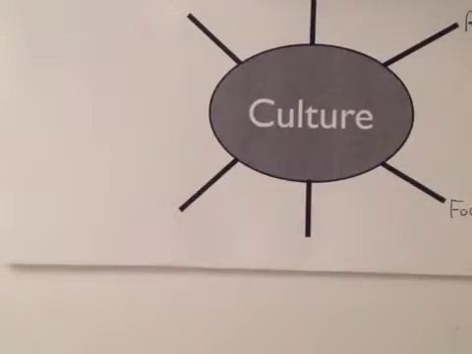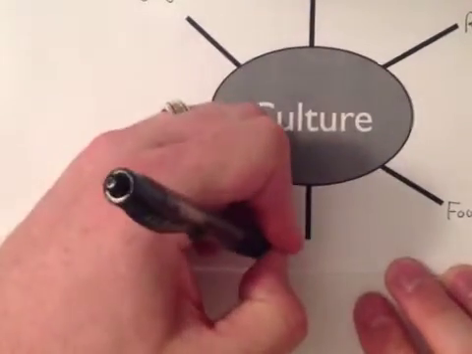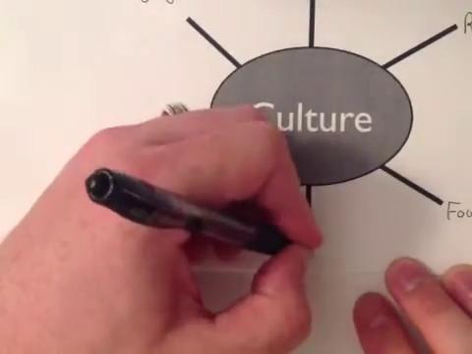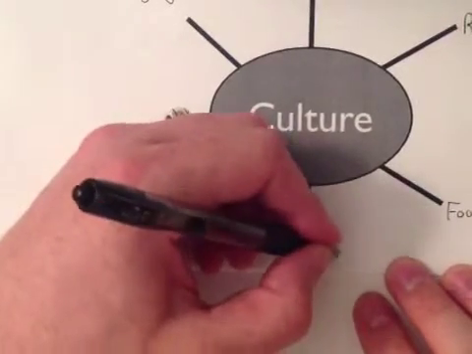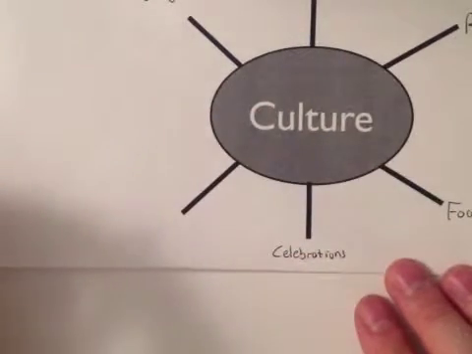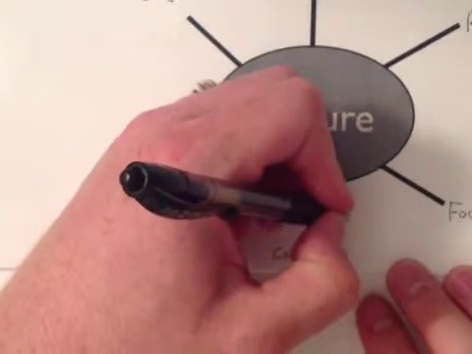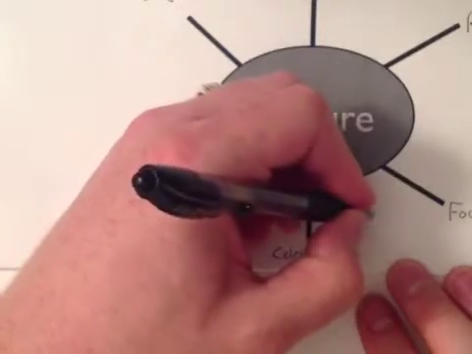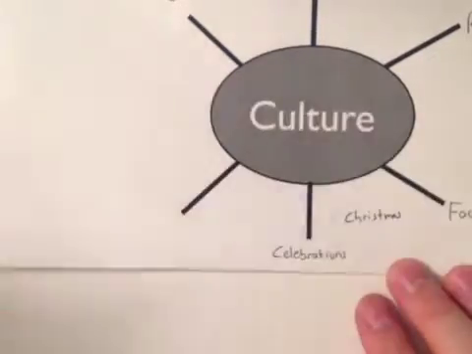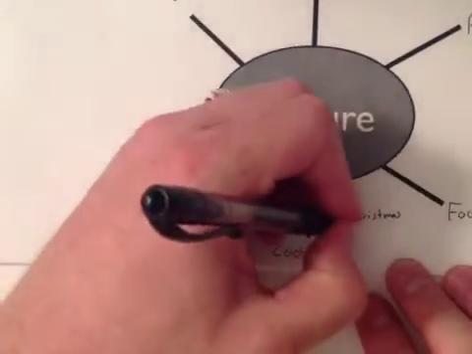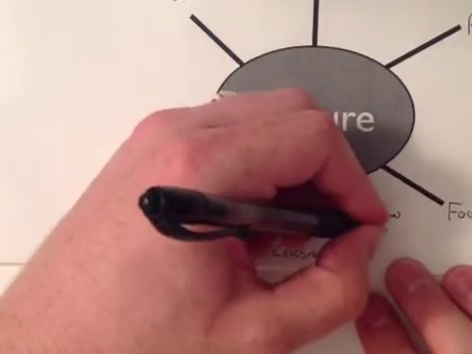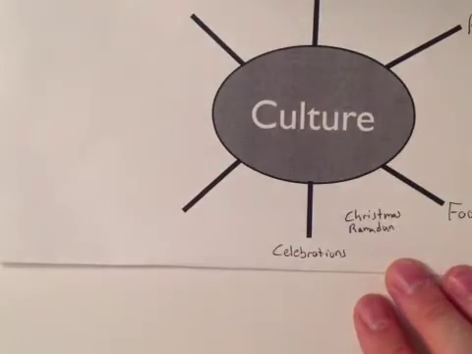Another aspect of culture that we're going to look at is celebrations. These are going to be holidays or important days that we're going to have throughout the school year or throughout each region's year. Some of the examples that we're going to see are Christmas, and Ramadan, which is a month-long holiday inside of the Middle East for Islamic followers.